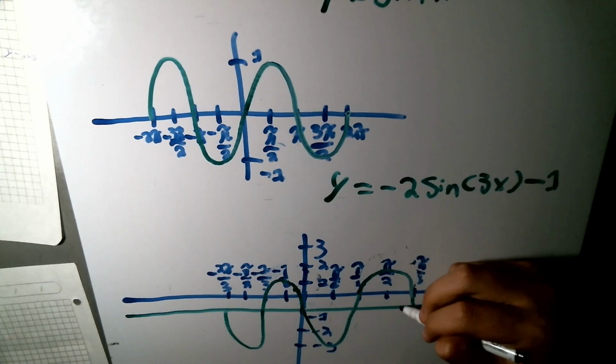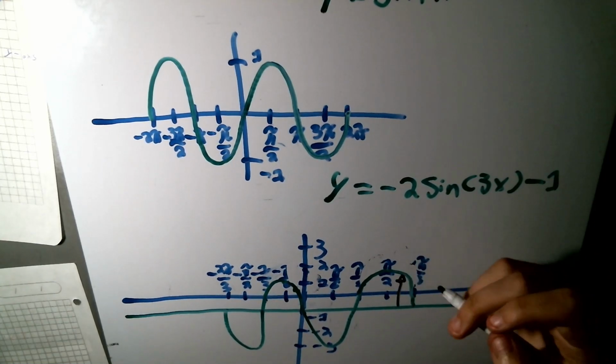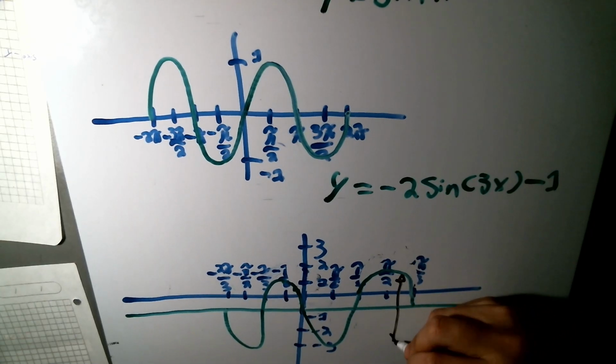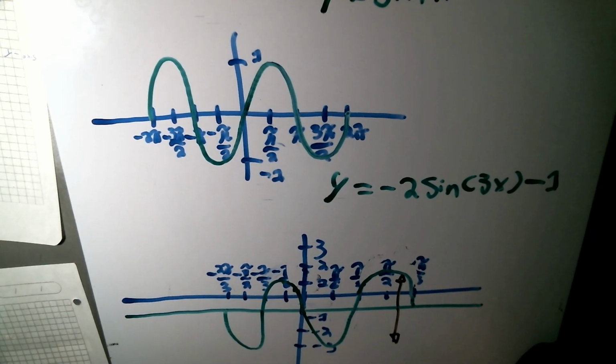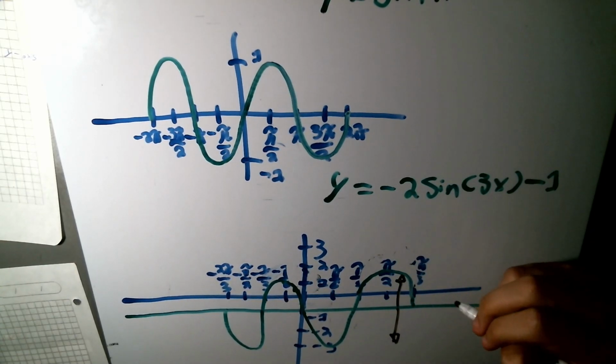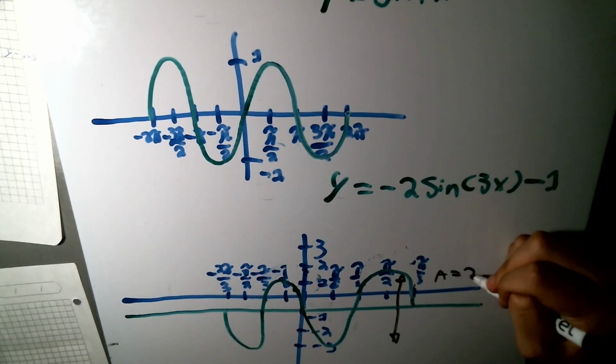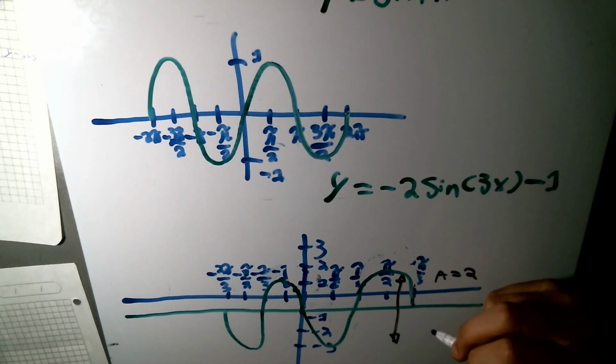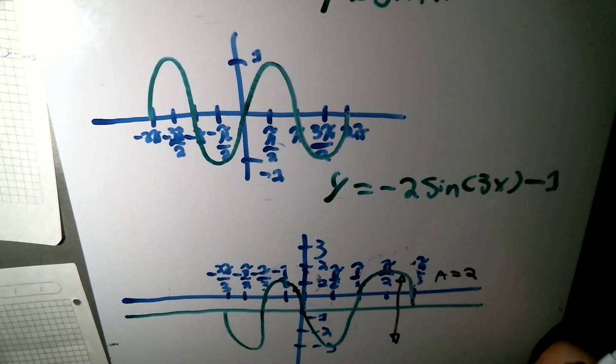This is the amplitude, which equals 2: 2 upwards and 2 downwards. Now the period is this one. Oh God, you cannot see it.